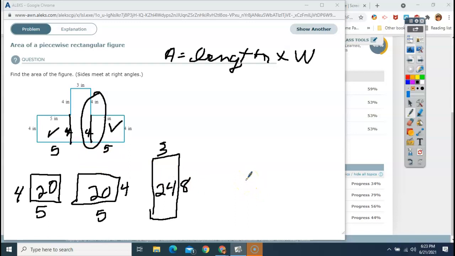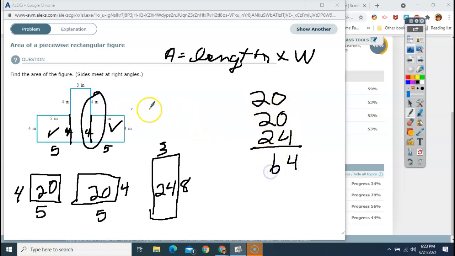And I didn't have to cut it this way, but I chose to. All right, 20, 20, and 24 is my combined area. And I just add those up, and that's my area. So the area here is 64.